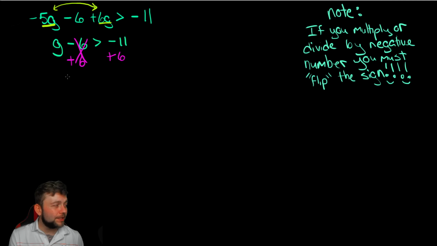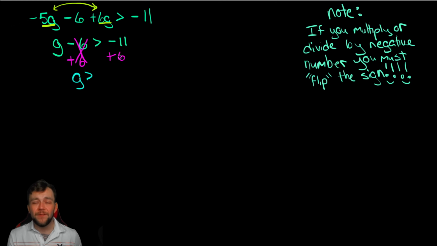Minus 6 plus 6 cancels out into a 0. We don't have to write g plus 0, it's not plus anything. And on the right side, we have g is greater than negative 11 plus 6.